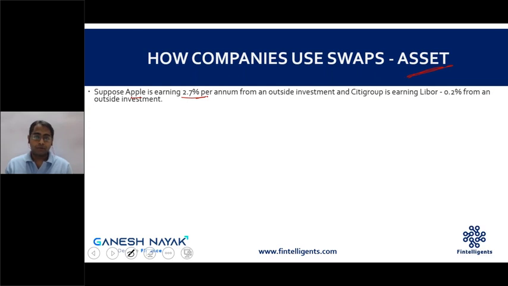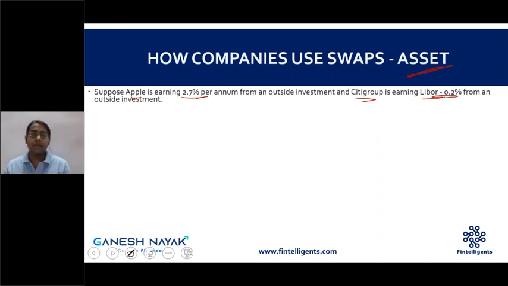Okay. This is a fixed investment. Similarly, Citigroup has already invested in an asset which gives LIBOR minus 0.2%. So whatever may be the LIBOR rate, if the LIBOR rate is 5%, then Citigroup is going to receive LIBOR minus 0.2%. That means 4.8%. If the LIBOR rate is 10%, then Citigroup will receive 9.8%.